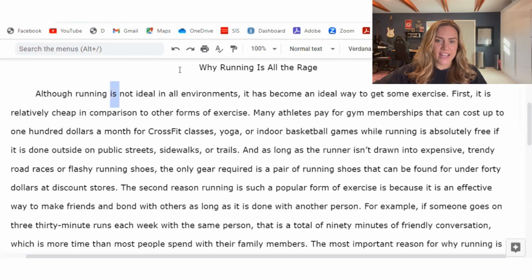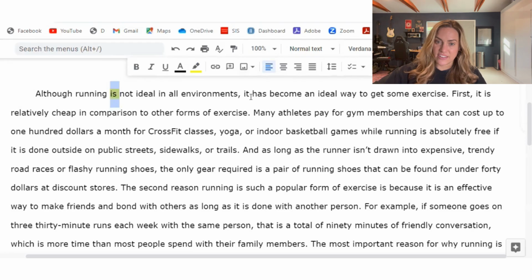And when we make general statements, we usually use the present tense. So I'm going to highlight that. The verb tense is present. Although running is not ideal in all environments, it has become an ideal way to get some exercise. Now, this is the present perfect, but I'm just going to say it's still in the present time.